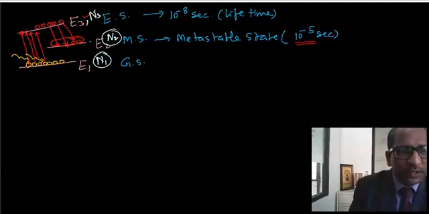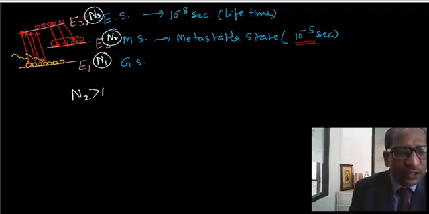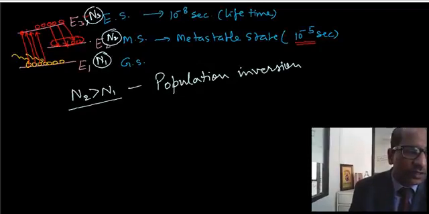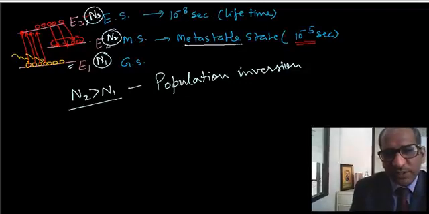N3 is the number of atoms in the excited state. So this is the situation. Here N2 is greater than N1, and this situation you call population inversion. Right? This was the idea, and this is a special case where you observe more atoms in the higher state as compared to the lower state. And this state here I have mentioned as the metastable state.